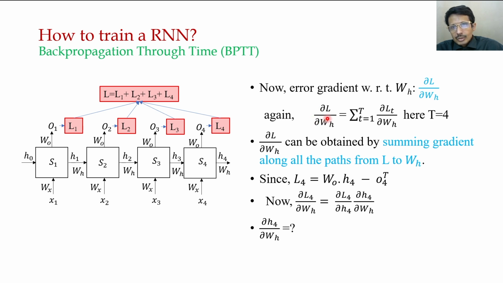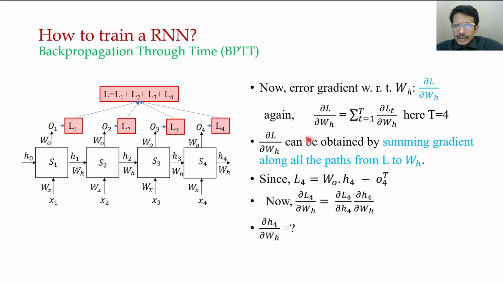Again, we can find del L / del Wh as the sum from 1 to T of del Lt / del Wh. This is also not very complicated, because if we can find del Lt / del Wh, that means the W at this hidden layer, we can very easily get the total loss.